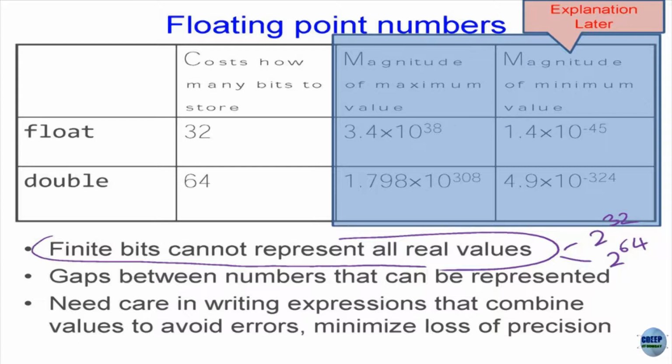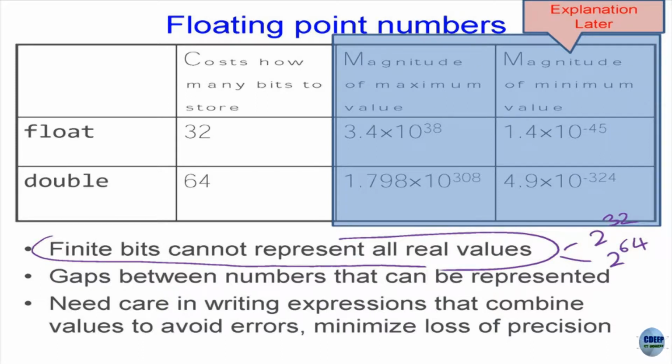It's just related to the fact that we have restricted space for the mantissa and the exponent. The explanation we'll give later. Now an interesting point here is that finite bits cannot represent all real values. As I said, it's either 2 raised to 32 or 2 raised to 64, and obviously that's not the size of the space of reals.